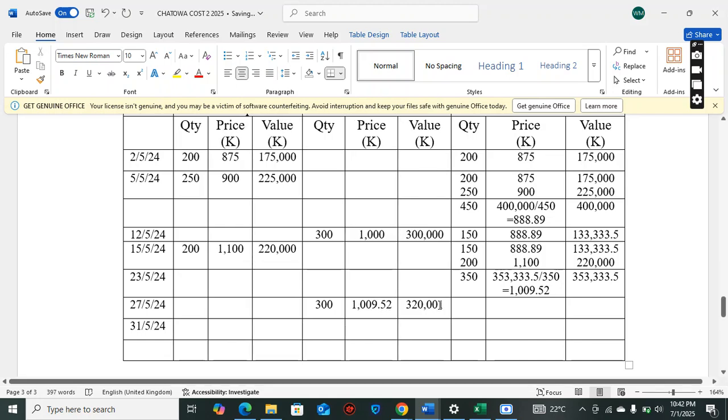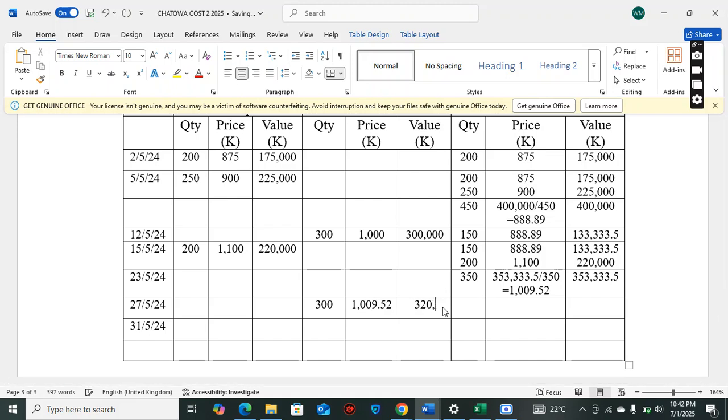So 300 times 1,009.52. 308. No decimal places.